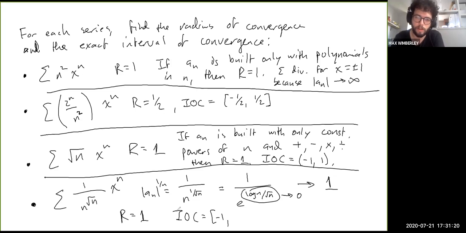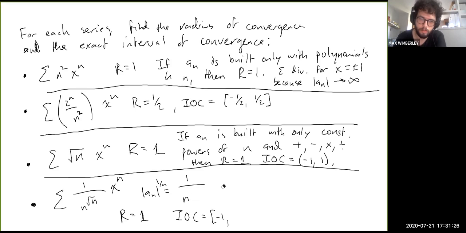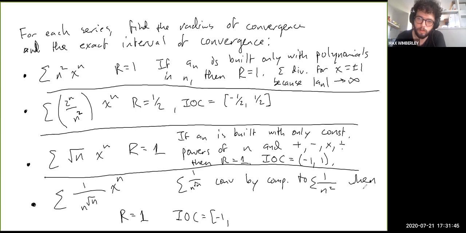But when x is 1, the question is, does the sum of 1 over n to the square root of n converge? Oh, well, this definitely converges just by comparison to the sum of 1 over n squared when n is greater than 4, right?